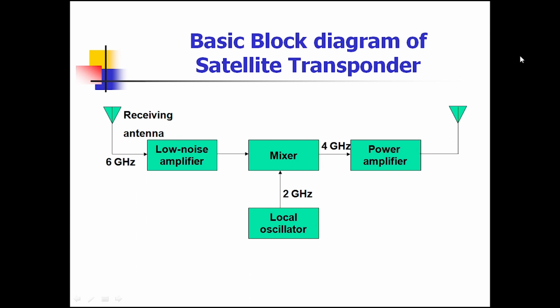A typical satellite transponder consists of a receiving antenna, low noise amplifier, mixer, local oscillator, power amplifier and transmitting antenna.